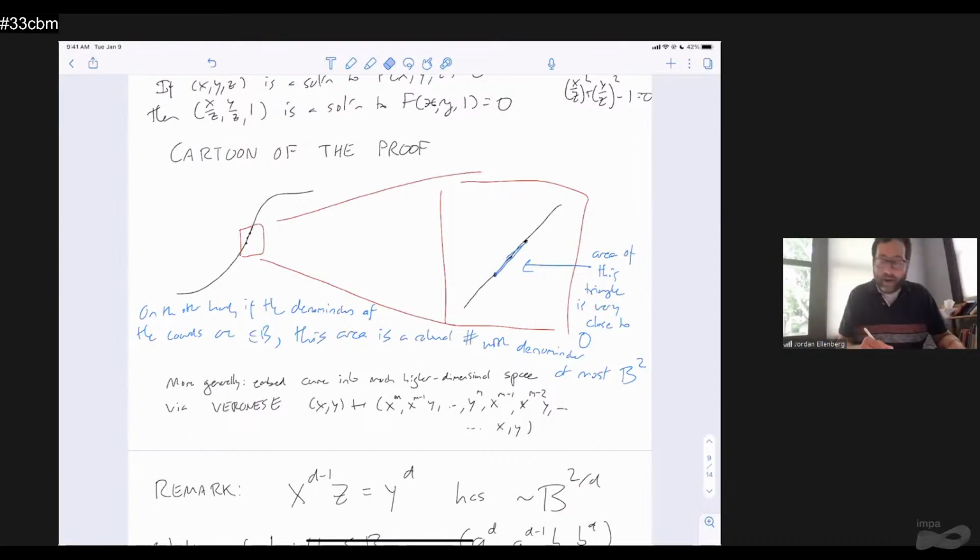And now we use the wonderful theorem of Bézout, which says that if I draw a line, the intersection of the line with the curve, the way I drew it, it only hits the curve twice, but in fact, that intersection has size at most D. There's an absolute bound on how many times a line can strike the curve. So once you get these points to be collinear, that gives you a bound on how many there are.